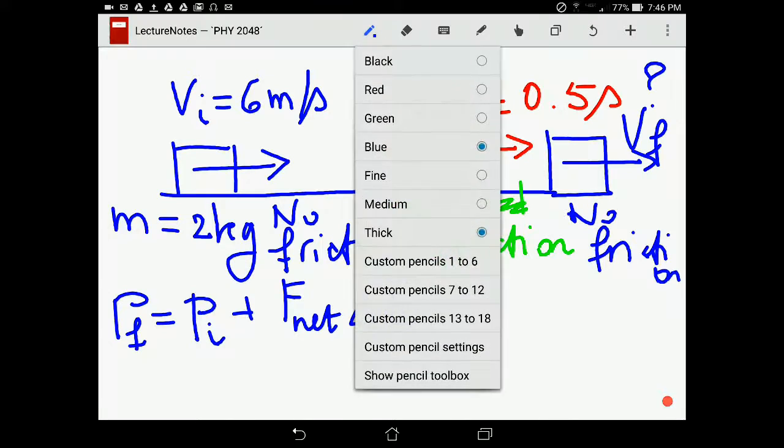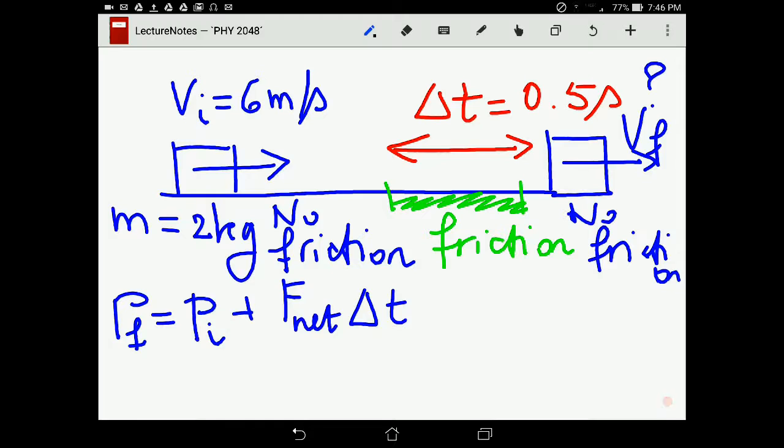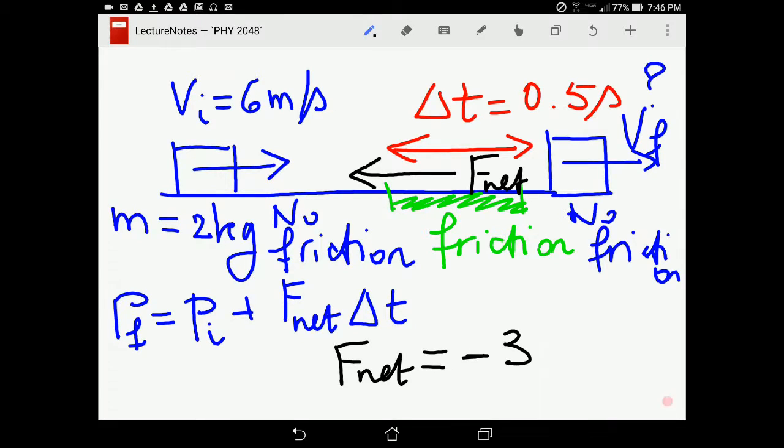So let's say we are given the following information, that the force in question, which obviously here has to be a friction force, is going to be applied in this direction, and we will consider that it has a value equal to 3 newtons, but since it's pointing to the left, we're going to write this as negative 3 newtons. So how do we figure out the final velocity here?